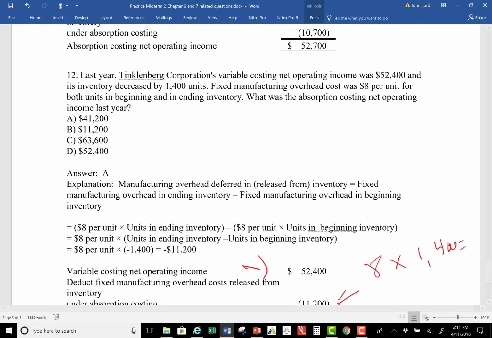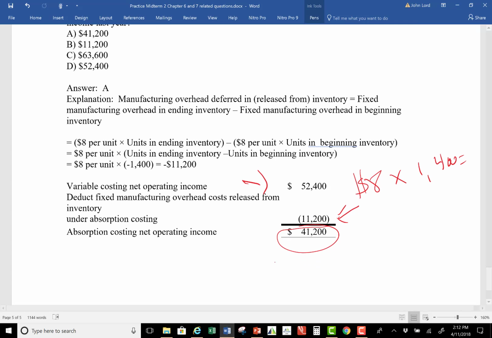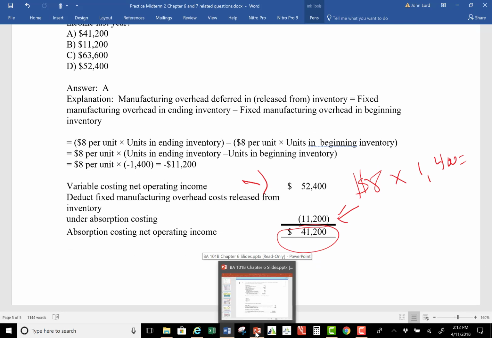Inventory levels decreased by 1,400, and that means that the fixed manufacturing overhead that was sitting in inventory under absorption has now been released from my balance sheet. And so I take the 1,400 times the $8 per unit. That's 11.2, and I have absorption costing net operating income is 41.2. Okay. So again, the questions that I'm going to ask you are basically, do you understand?